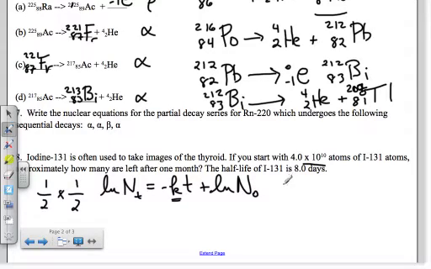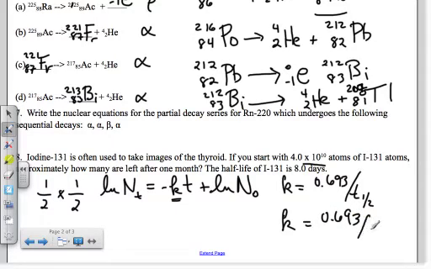But I'm going to get it from this, k equals 0.693 divided by the half-life. Because half-life is just an application of this equation. It's when I have half of the amount after time t. So k is equal to 0.693 divided by 8. All right? And so your time can be in days. If your half-life is in days, it can be in hours or minutes or seconds or whatever.